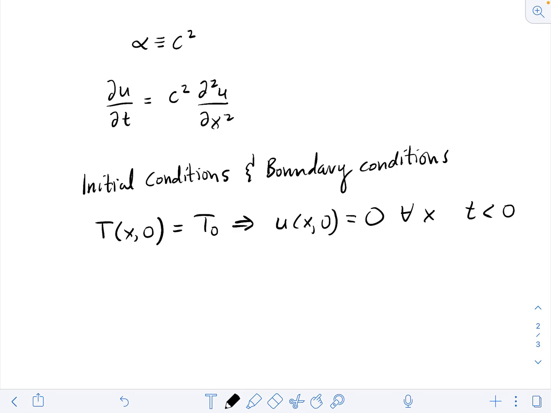One of our boundary conditions is that at x equals L, our rod is connected to the thermal reservoir, and so its temperature is T0. u is T minus T0 again, so that just means that at x equals L, u is equal to 0 for all times.